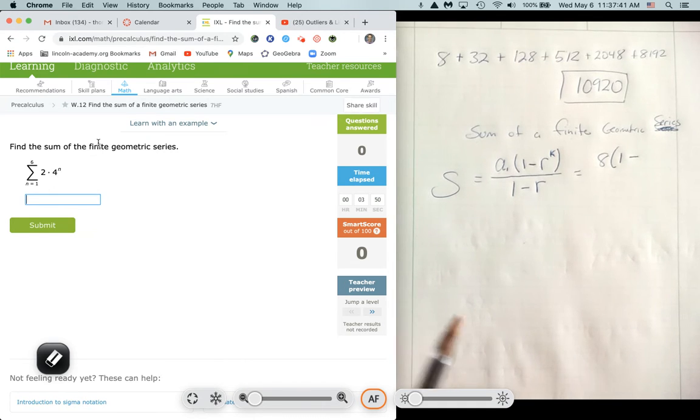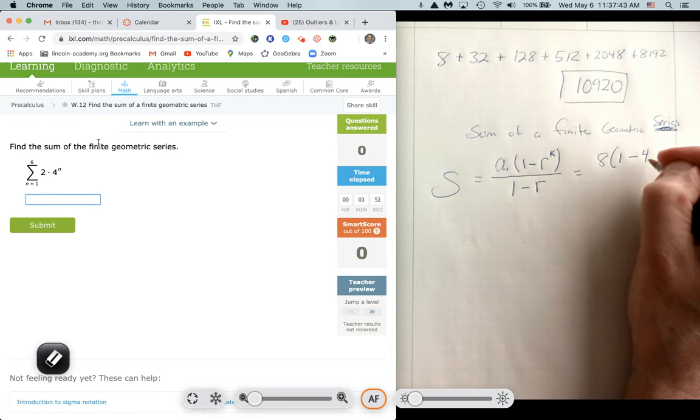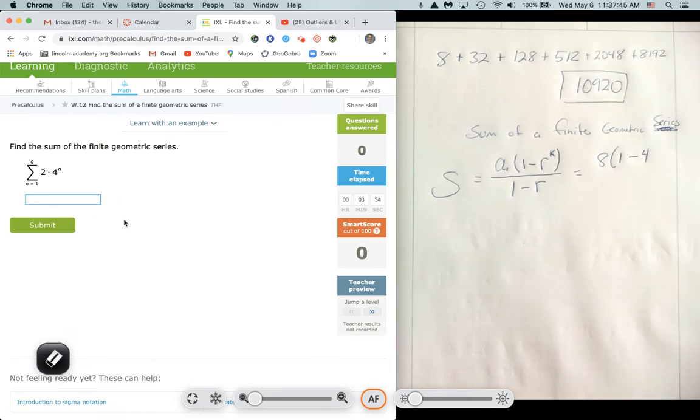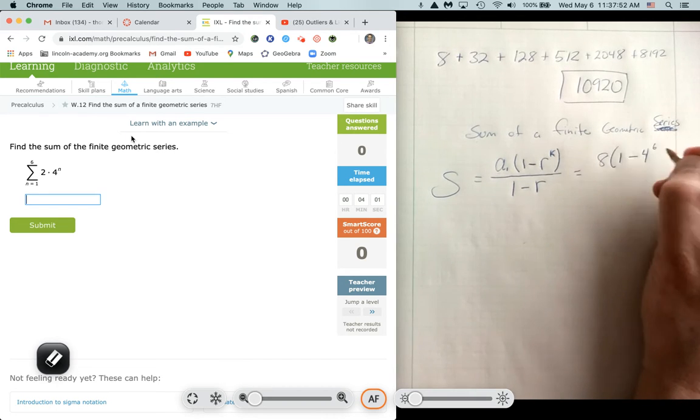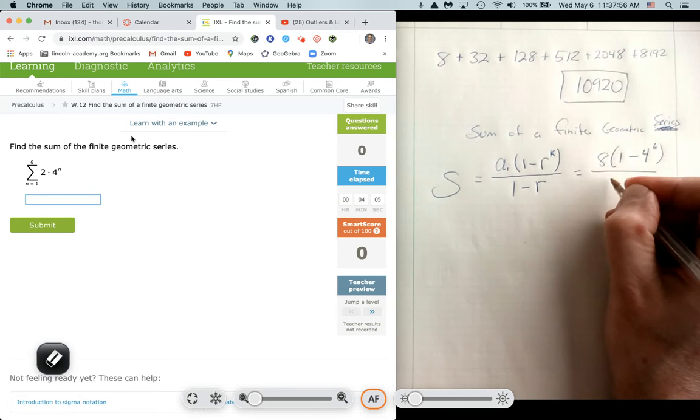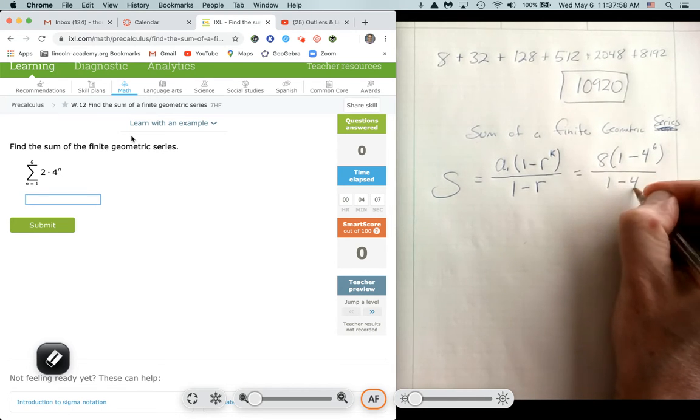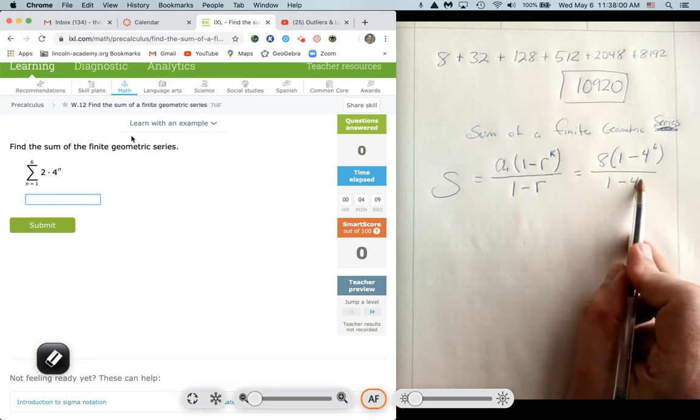So I'm going to do 1 minus 4, but that 4 is going to be raised to the number of terms I have. And I can see if I go from 1 to 6, that means I'm raising it to the 6th power, and I divide by 1 minus 4. 4 again being the ratio. No exponent on this one.